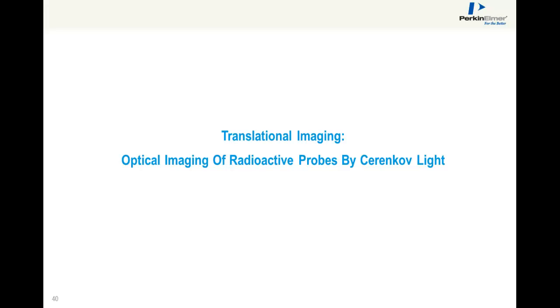Translational imaging. Optical imaging of radioactive probes by Cerenkov light. Prior to clinical trials, an antibody can be tagged with a clinical radionuclide. For translational purposes, the distribution of this radionuclide can be screened in mice using an IVIS in vivo optical imaging system, which has the sensitivity to detect the Cerenkov light emitted by both beta plus or beta minus radiotracers.